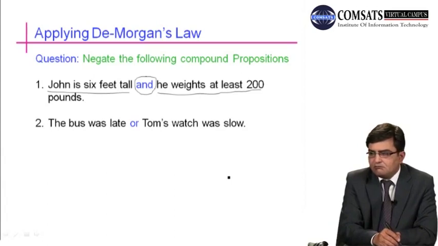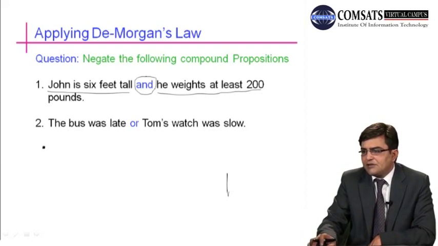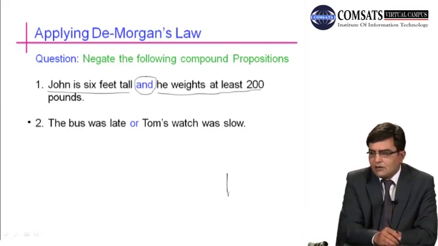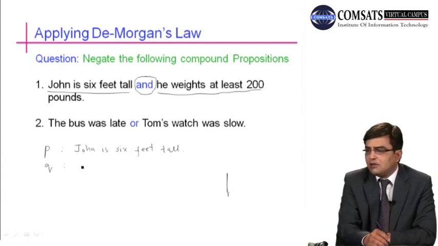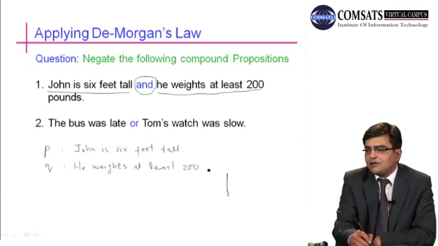Suppose P is the proposition that John is 6 feet tall, and the other proposition we suppose is Q, he weighs at least 200 pounds.